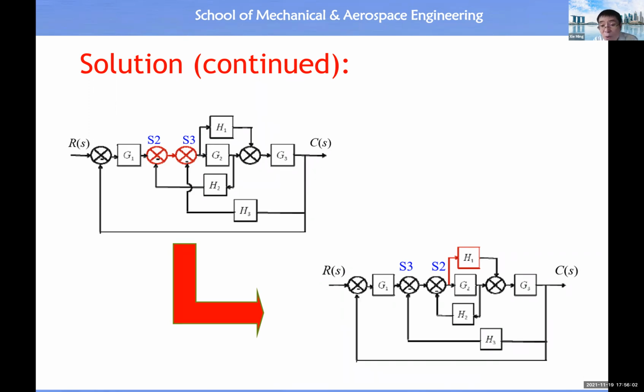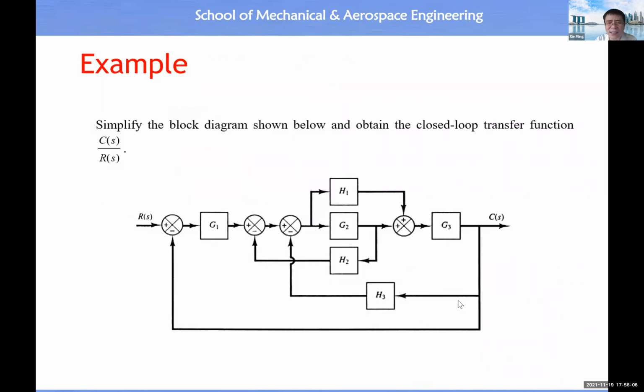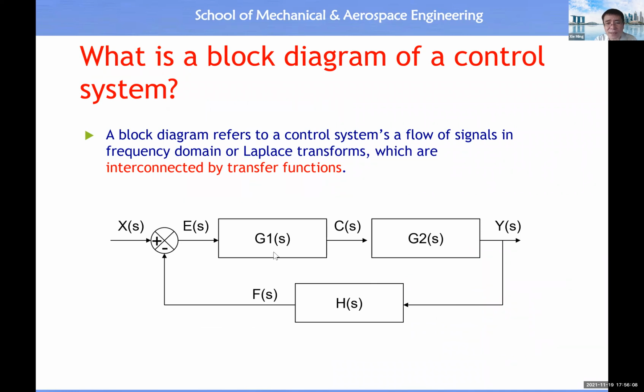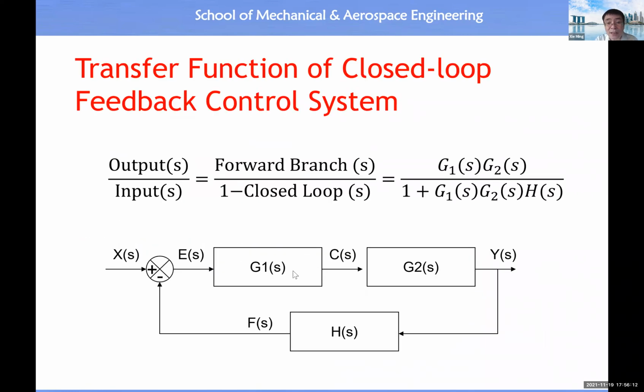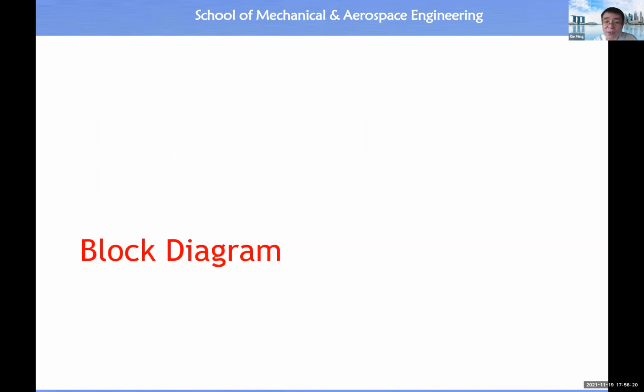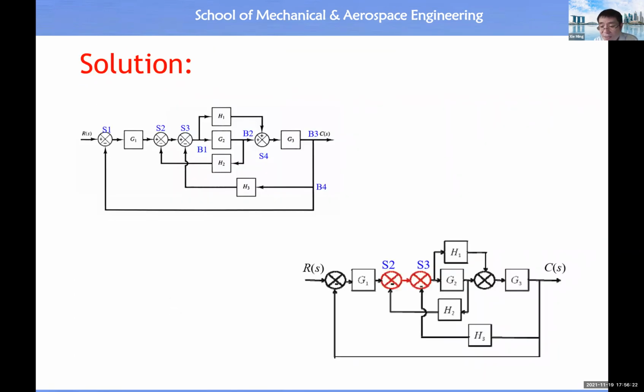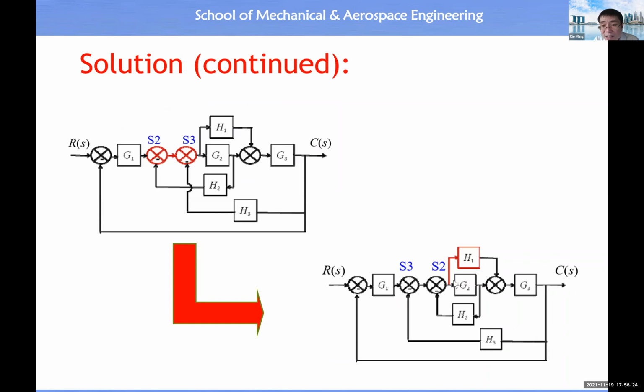Now here you see this control loop does not look like this control loop, because for you to apply this formula, you must make sure there's no signal coming out. The structure must be perfectly like this. Then you can apply this formula. Here you see there's a signal coming out.